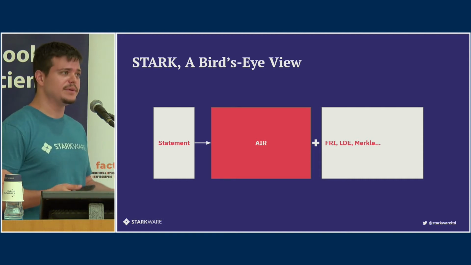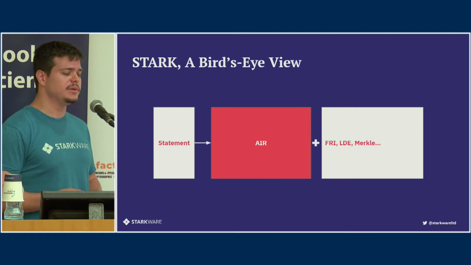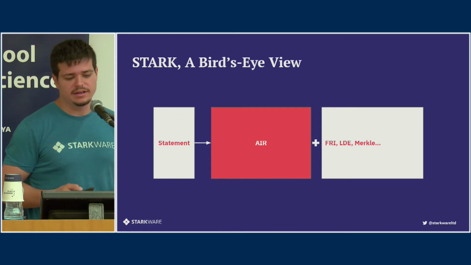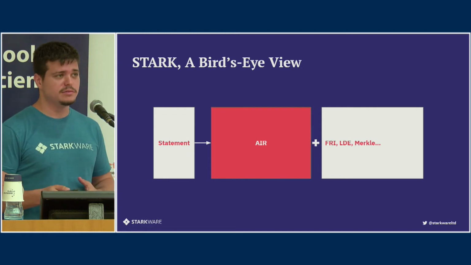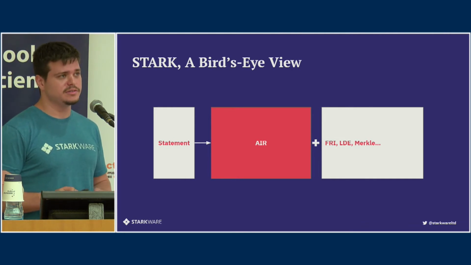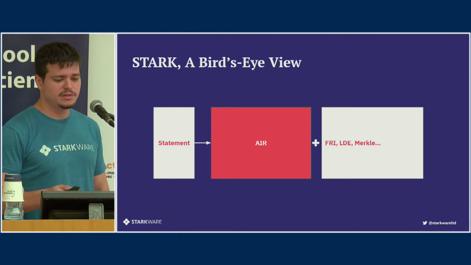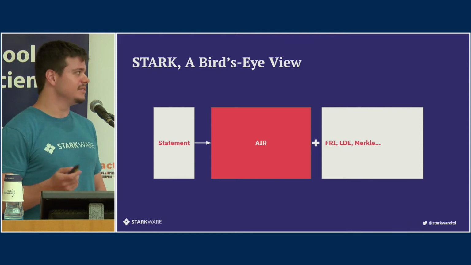This is a statement I can describe in words. I can pretty easily describe it in code. I need then to translate it to an AIR, which is a bunch of polynomials and variables, which is not always very trivial. If I manage to do that, then I can mostly throw it on a bunch of algorithms and call it Stark.